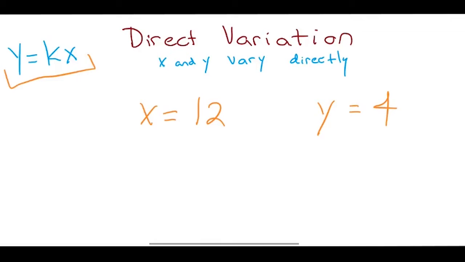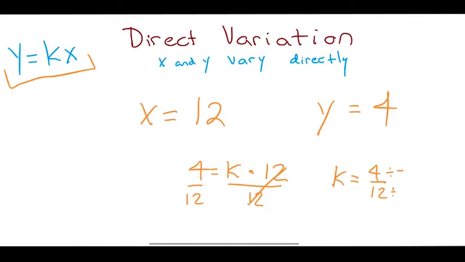So I'll do 4 equals k times 12. I'm going to divide both sides by 12. Those cancel. So k equals 4/12, but I can divide both of those by 4. So I want to reduce this.